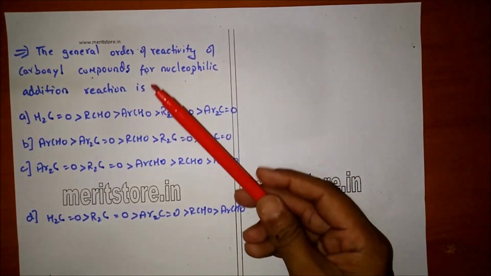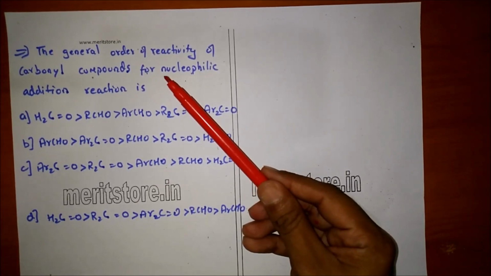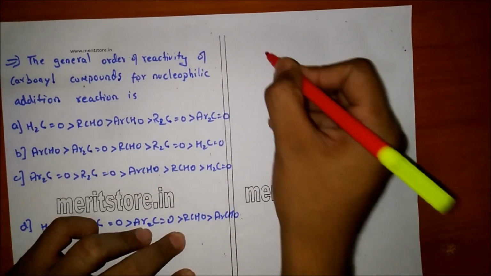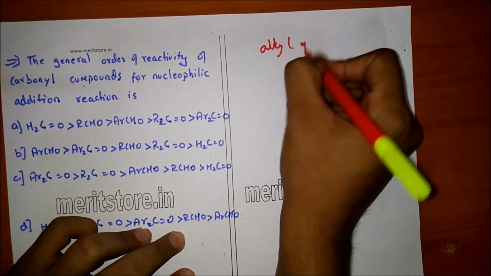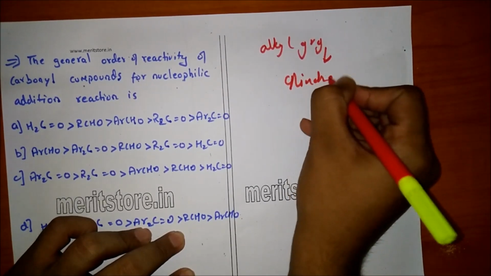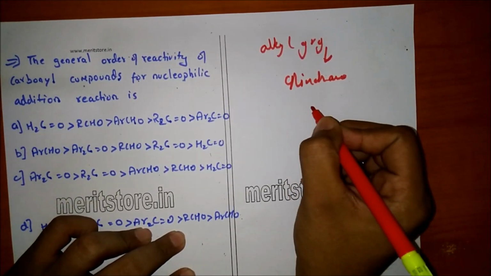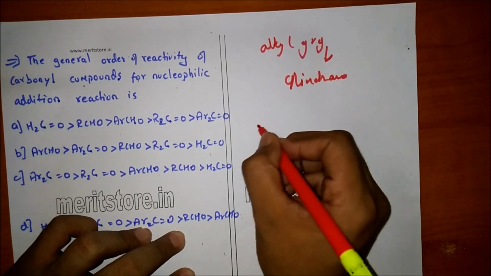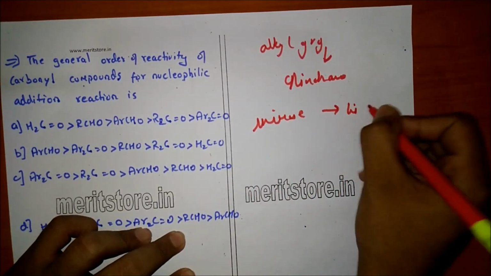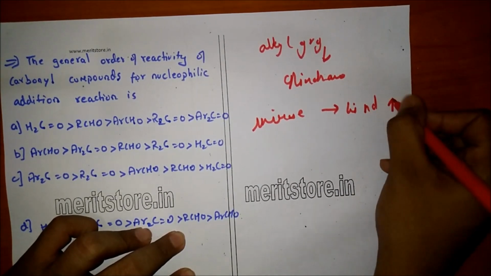General order of reactivity of carbonyl compounds for nucleophilic addition reaction is, here are the options. Now, the size of the alkyl group causes hindrance to the attacking group. As the number and the size of the alkyl groups increase, the hindrance to the attack of the nucleophile also increases.